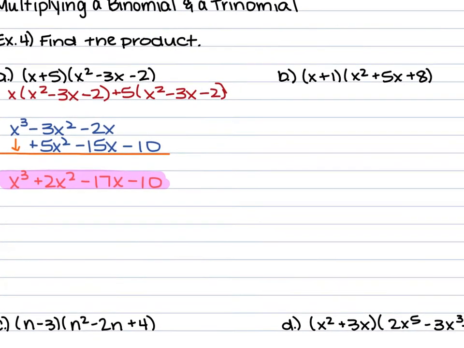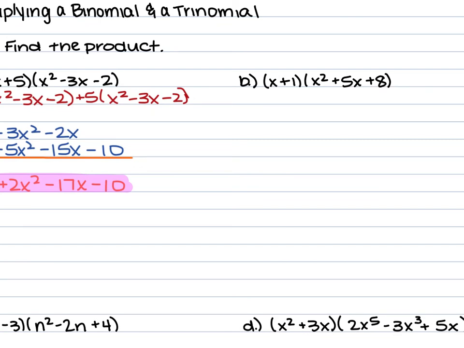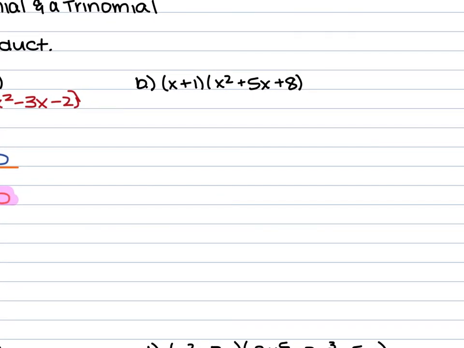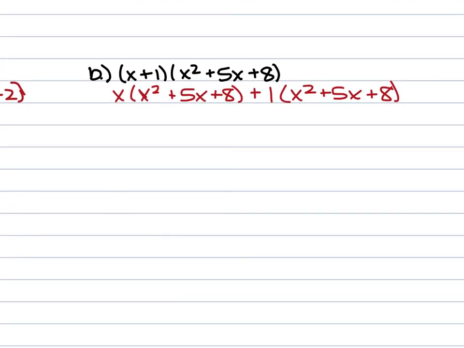For example B, we have x plus 1 times x squared plus 5x plus 8. So again, I'm going to do the x times the x squared plus 5x plus 8. Then I'll take the 1 and multiply it by the x squared plus 5x plus 8. All right, so x times x squared is x cubed.